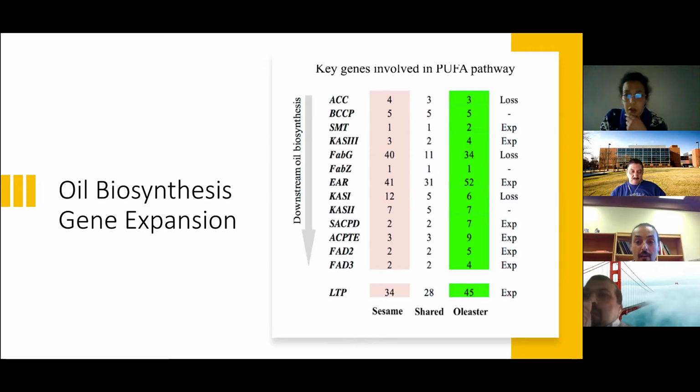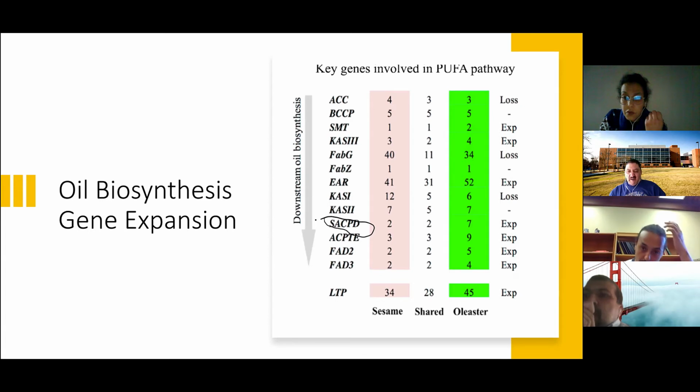So we took the sesame and the olive. They were the same species, we said, and we had a speciation event, and then we had duplications. Look what happened in the oil biosynthesis pathway, which is the most important pathway in olives, in sesame, in soybean, in argan, because that's where the money is. Look here at what happened in the SACPD.